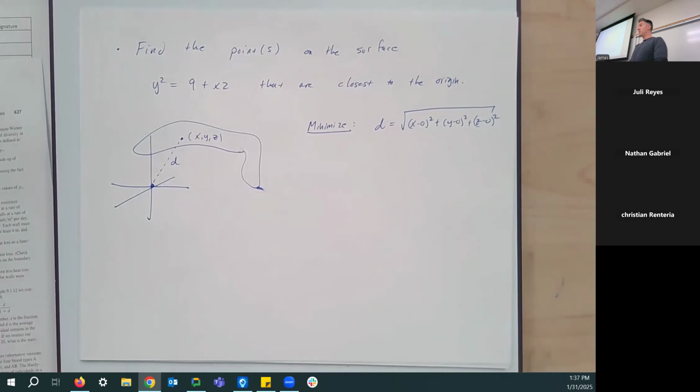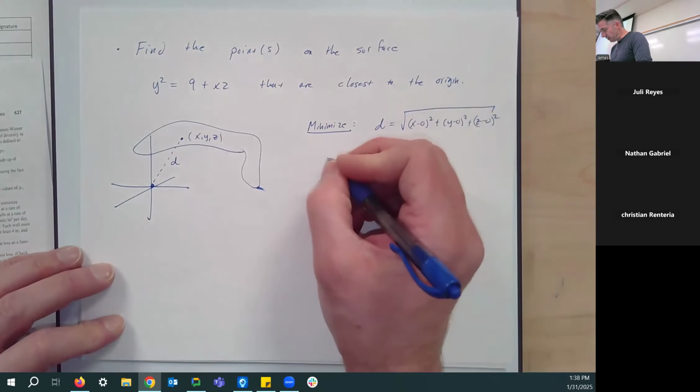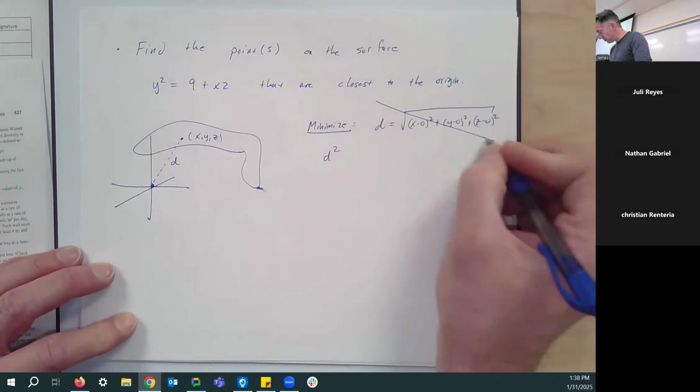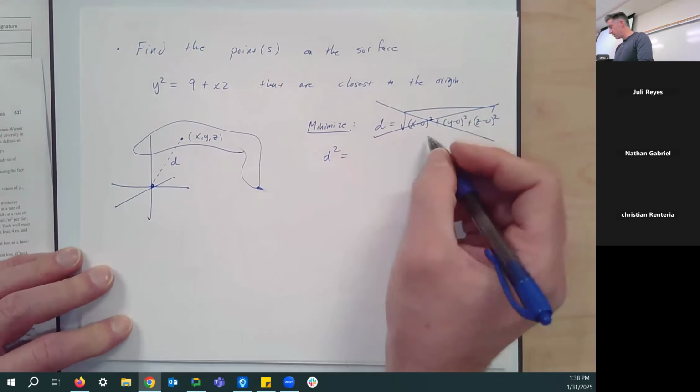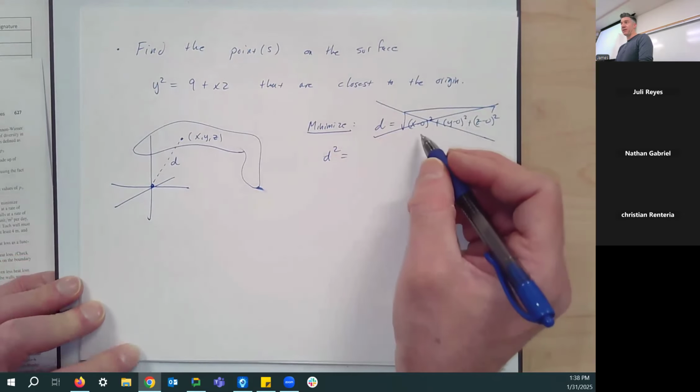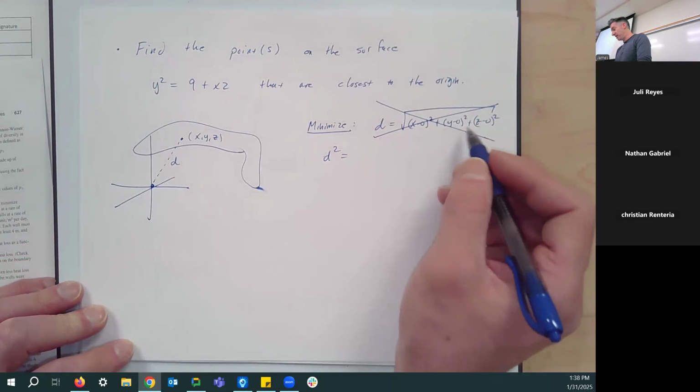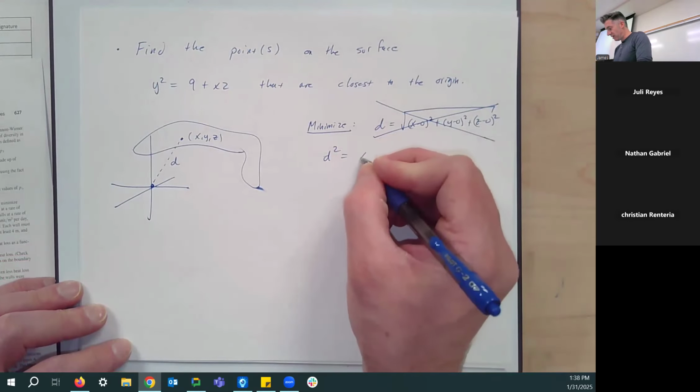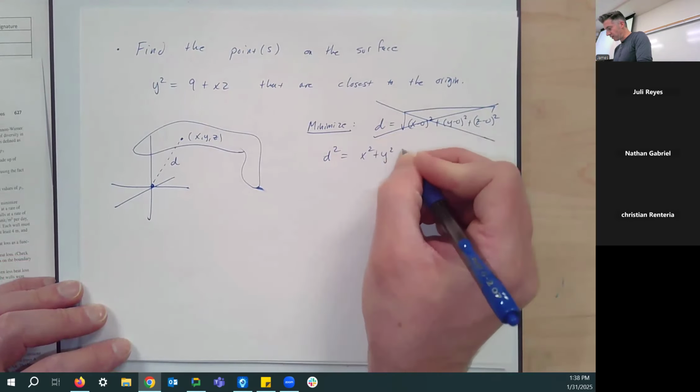Instead of minimizing the distance between two things, we can do an easier thing and minimize what? Right. You can either say what's underneath the square root or the square of the distance. So instead, minimize the distance squared. And let's go ahead and simplify this as well, right? x minus 0 is x, y minus 0 is y, and z minus 0 is z. So this is really just x squared plus y squared plus z squared.